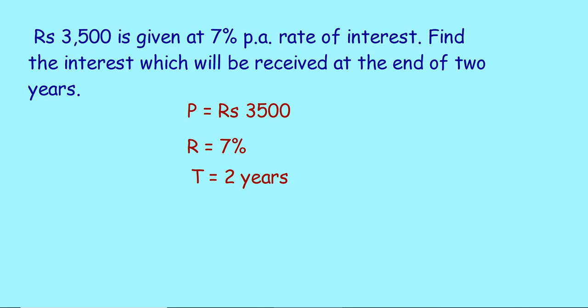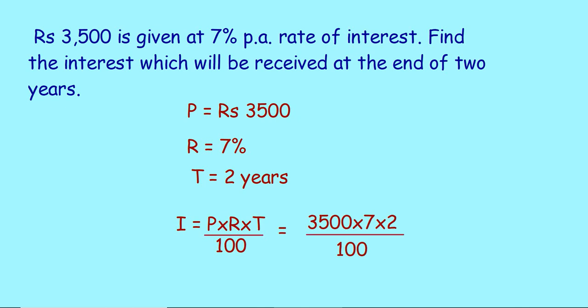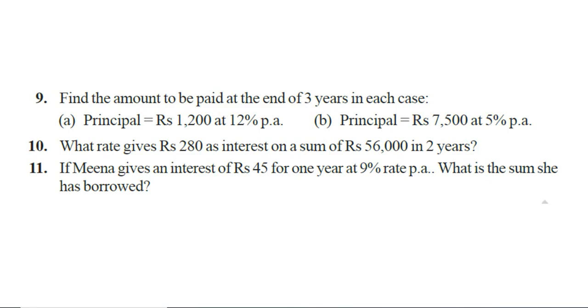Now what is the formula to find out the simple interest? The interest is equal to P into R into T by 100. That is 3500 into 7 into 2 by 100. 100 goes into 3500, 35 times. Therefore 35 into 7 into 2, you get rupees 490. That is the interest at the end of 2 years.